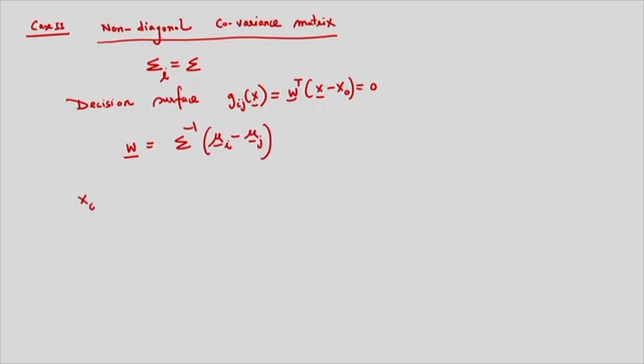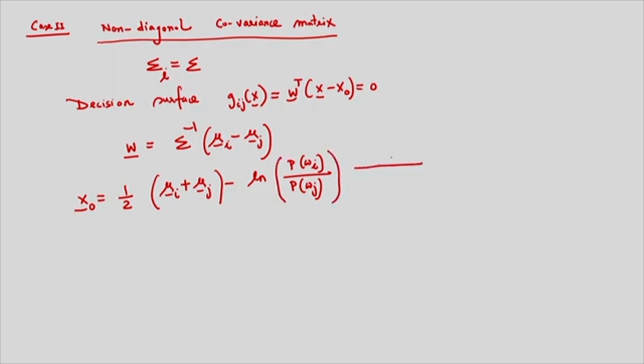And what is x naught? x naught is equal to 1/2 (mu i plus mu j) minus ln of probability of omega i divided by probability of omega j, times (mu i minus mu j), divided by (mu i minus mu j) whole square, weighted by the inverse of the covariance matrix.